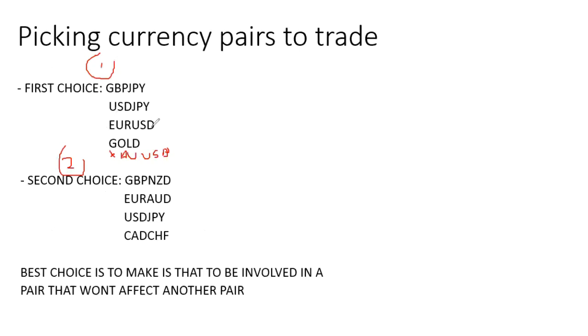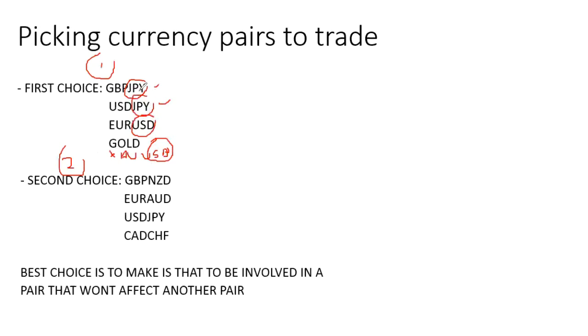From my side, I would say no, we wouldn't. Why is it so? Why wouldn't we choose the first choice? We've got the Japanese yen as a currency here, and the US dollar appears twice. So if we choose the first choice and trade, let's say, 3 trades here, if it happens that this one goes against us, this one will go against us too. As you can see, the Japanese yen is gaining strength.